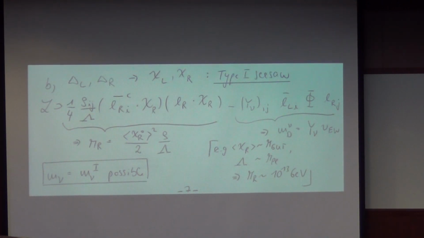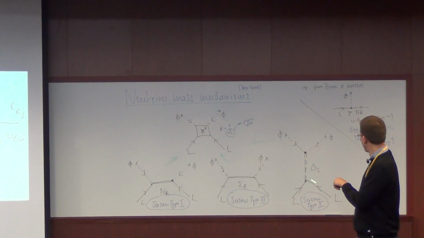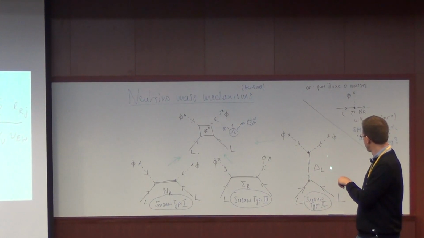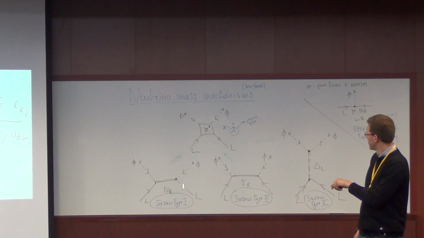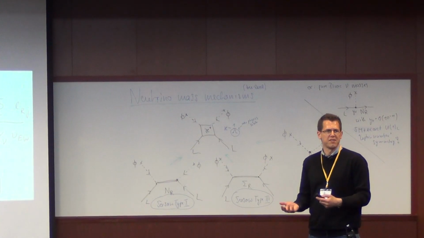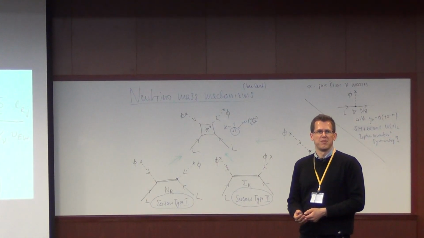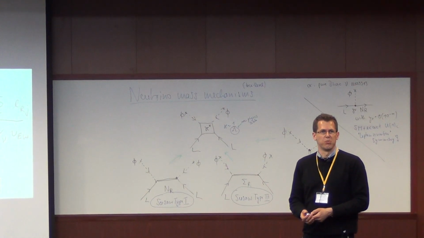So you have two possibilities in left-right symmetric extensions. Normally, either you have a combined type 1 plus 2 seesaw, both contributions here, so this one and this one, type 1 and type 2, but this here from the delta L is basically optional. But this here, you always have, because you have the right-handed neutrinos in your spectrum, and they must get masses. The lepton number is always broken when you break the minimal left-right model down to the standard model.